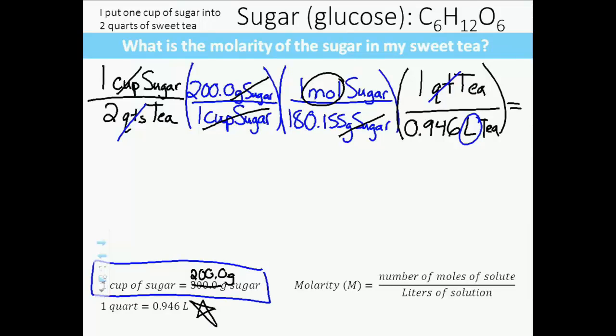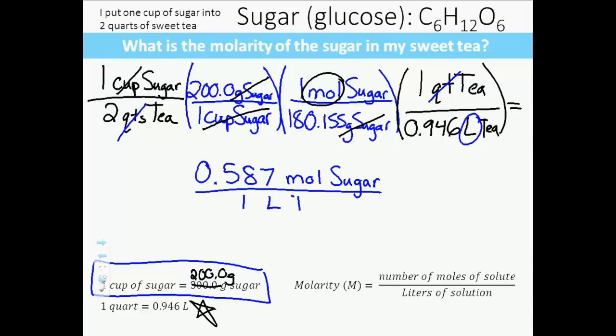And you get a total of, and I was really ambiguous with my sig figs, so we're not going to worry about them for this problem, 0.587, and the units on that, moles of sugar per 1 liter of tea, which is the same thing as saying 0.587 molar sugar.